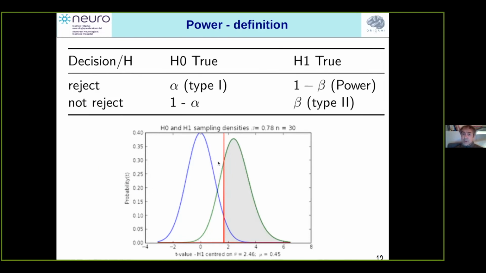And the alternative hypothesis is in green. Therefore, the power is the integral of the curve on the right of the red vertical bar, under the alternative hypothesis distribution. This is the distribution of the statistic under the null and under the alternative.